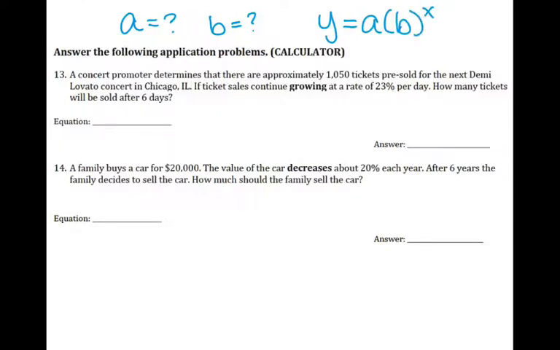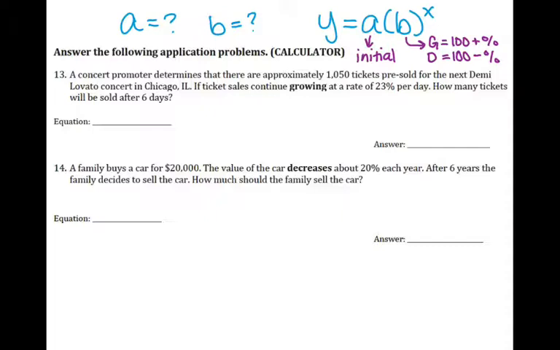A is going to be your initial value, and B is your base, but depending on your situation, if it is growth, that is going to be 100 plus your percent. If it is decay, that is going to be 100 minus your percent. And before you put it in the parentheses, we will always change it to a decimal.